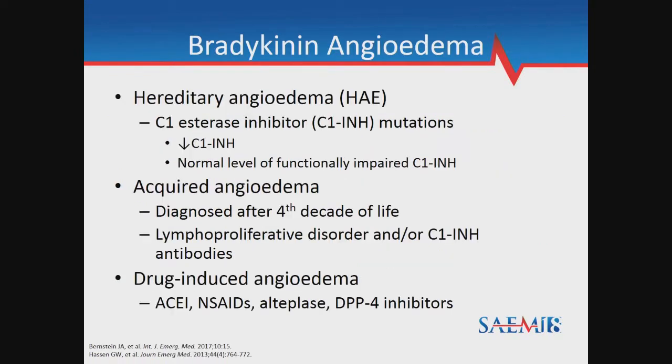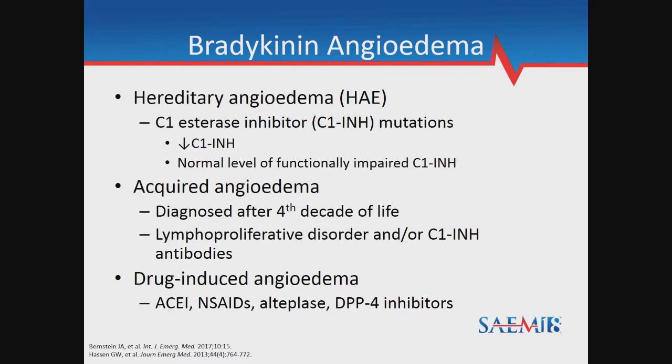So briefly, there are 3 types of bradykinin angioedema. The first is hereditary angioedema. This is a problem with the C1 esterase inhibitor. What this does in the body naturally is interfere with that kinin-kallikrein system. So C1 esterase inhibitor will decrease the production of bradykinin. In somebody who has hereditary angioedema, either they have a mutation so that the inhibitor doesn't work, or they don't have enough of it.